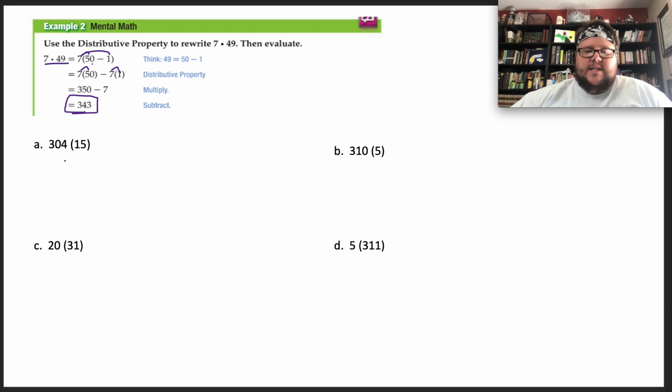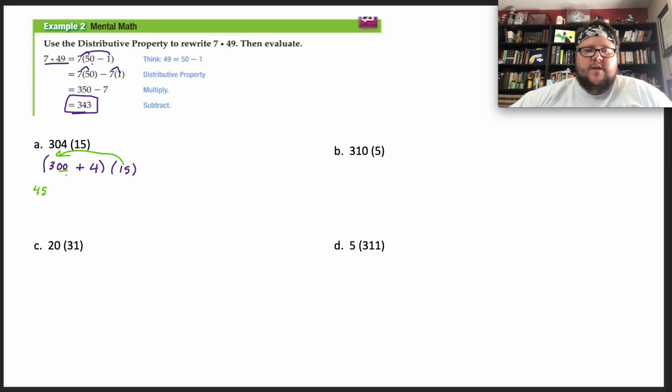So we're going to go ahead and break this one up. 304 times 15. So what I'm going to do is I'm going to break 304 up as 300 plus 4 times 15. So then that means I can distribute the 15 in. 15 times 300 is, so if I do this the best way, 15 times 3 is 45.